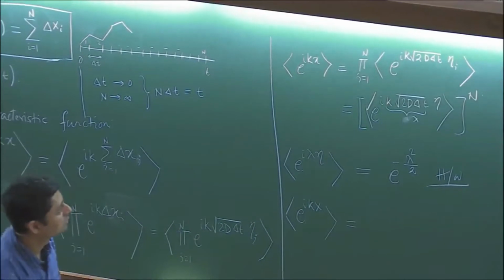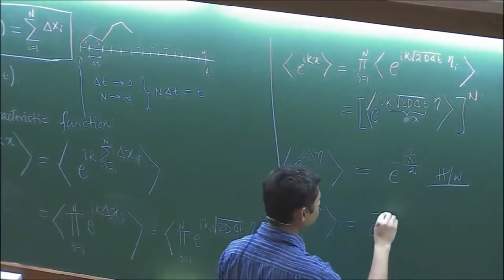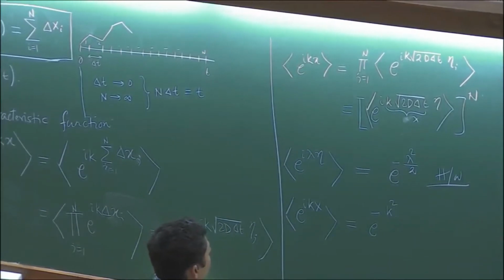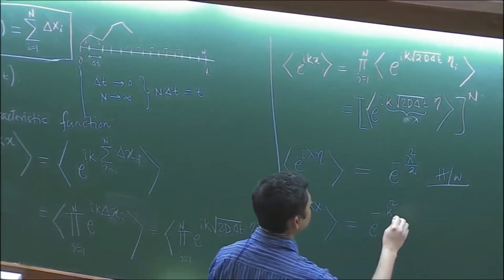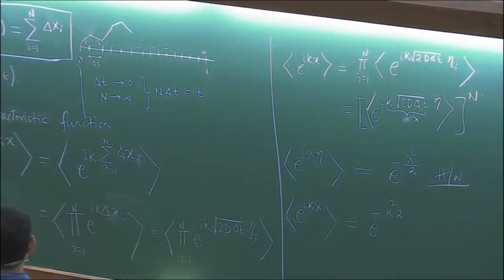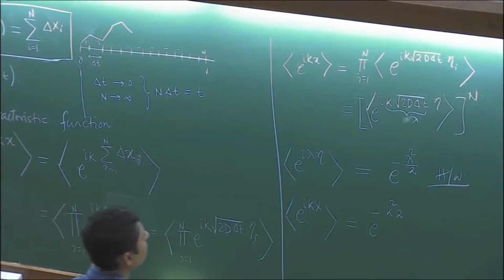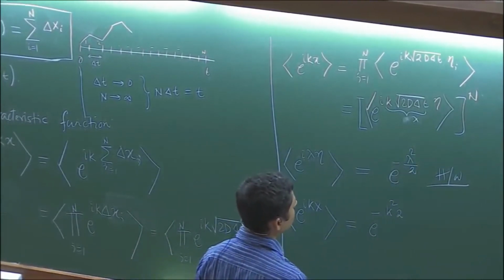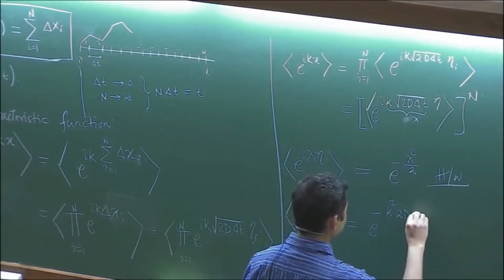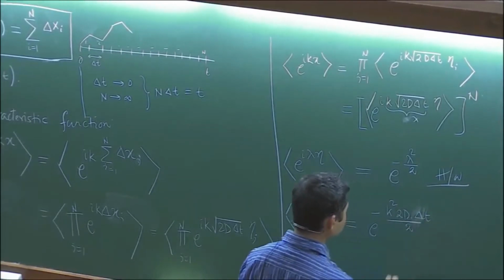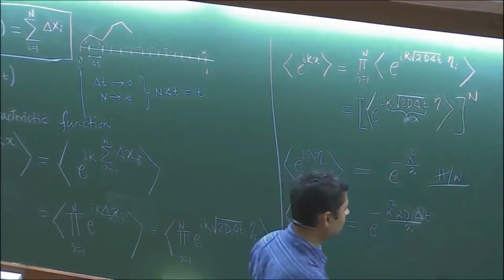It is equal to e to the power of minus D k square lambda square delta t by 2 times n. Is this correct?